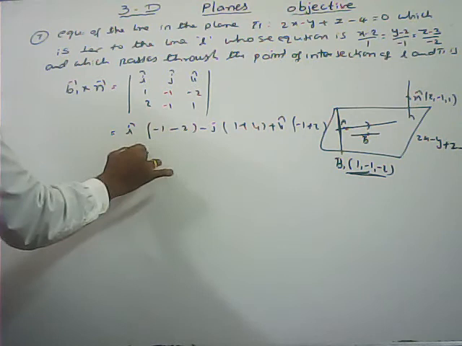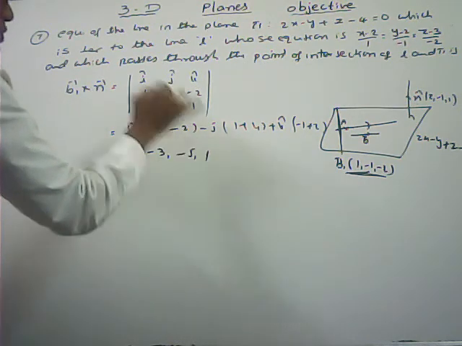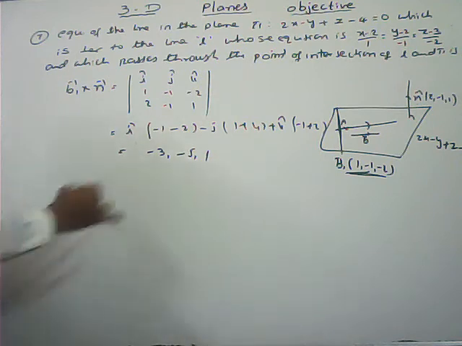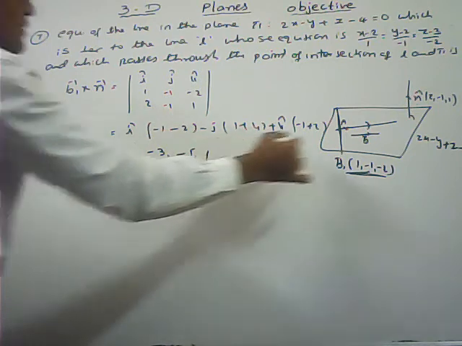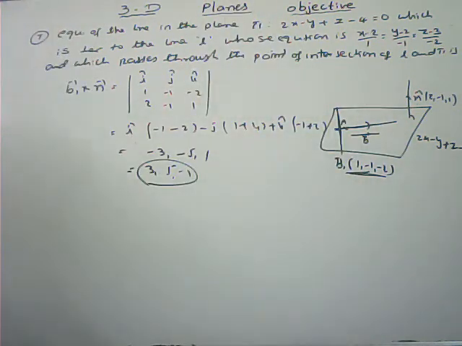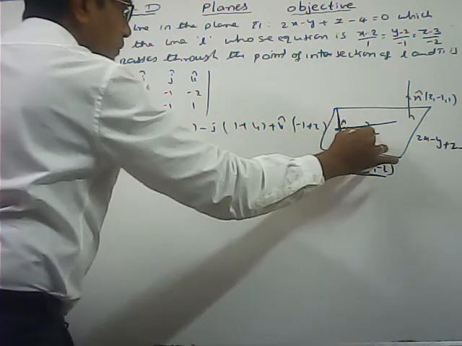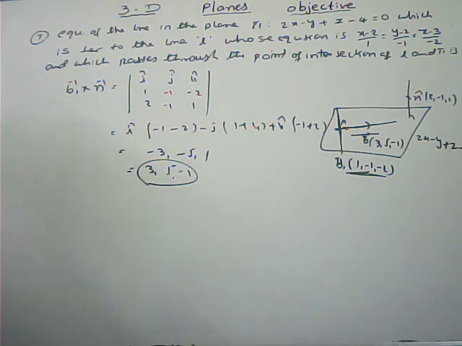So here minus 3, minus 5, plus 1. Otherwise here we can write 3, 5, minus 1. Those are the dr's of this line. And how to get a, b, c? The dr's I got are 3, 5, minus 1. That one completed.